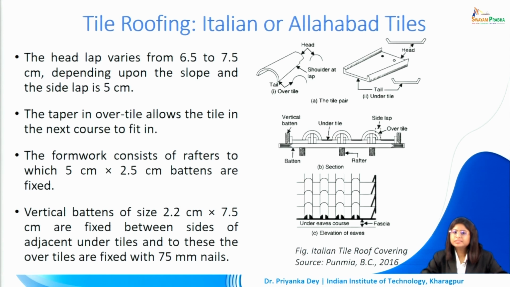Now the taper in the over tile allows the tile in the next course to fit into this overall framework. The framework consists of rafters to which 5 centimeter by 2.5 centimeter battens are fixed, and the vertical battens are fixed between sides of adjacent under tiles, and to these the over tiles are fixed with the help of nails.